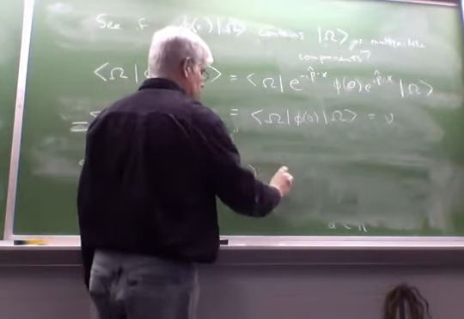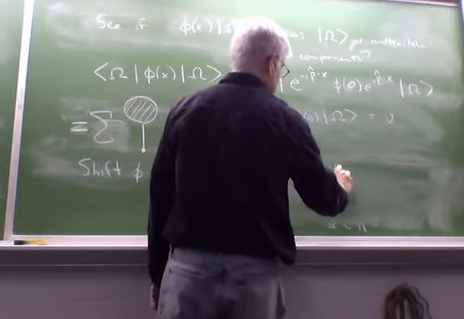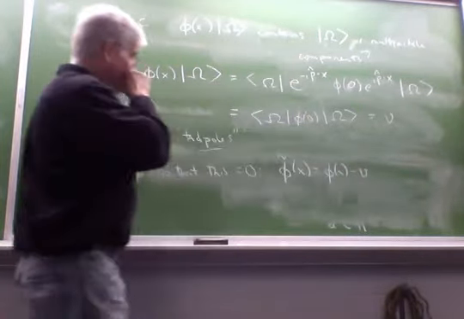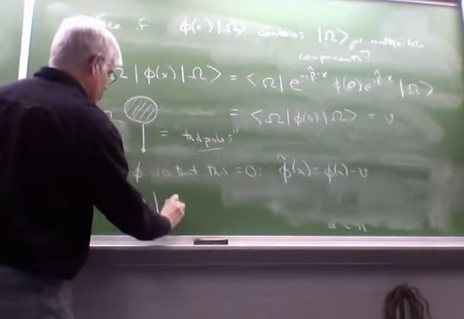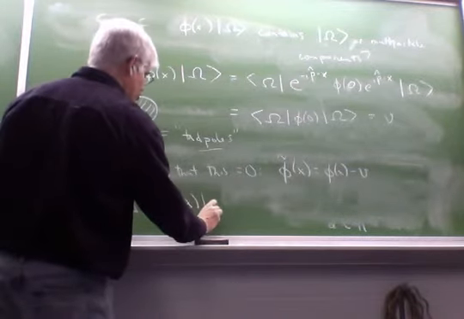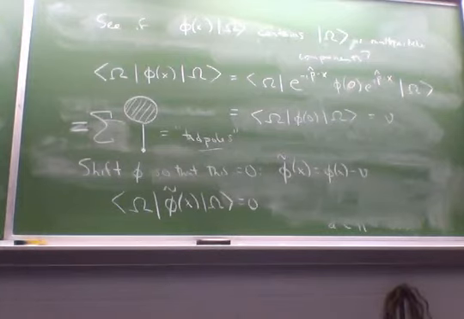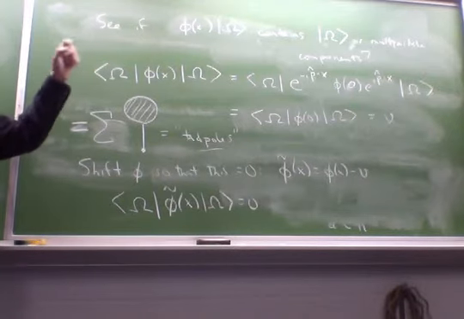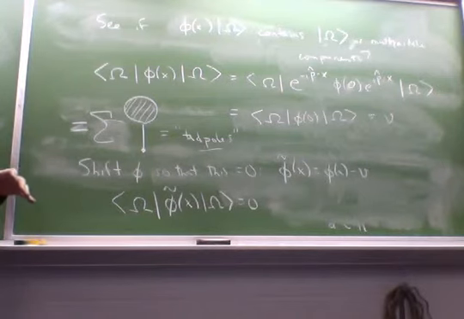So we'll define phi tilde of x, which is phi of x minus v, and then it's automatically going to be true that phi tilde will have a vanishing expectation value. What I had to do in order to satisfy this condition, which is required for assumption 1, is I had to redefine my field.